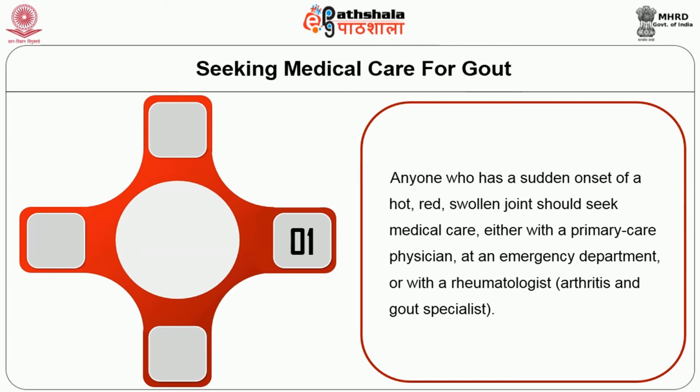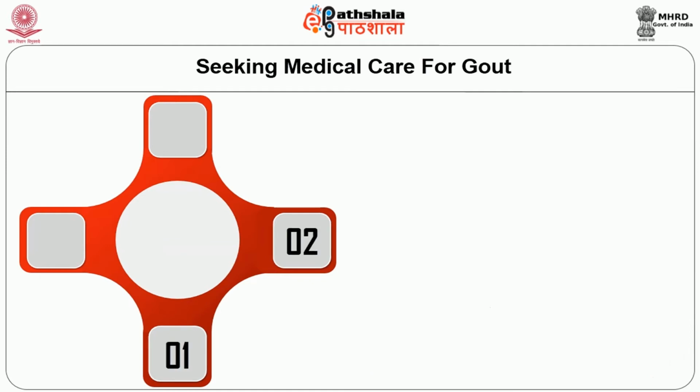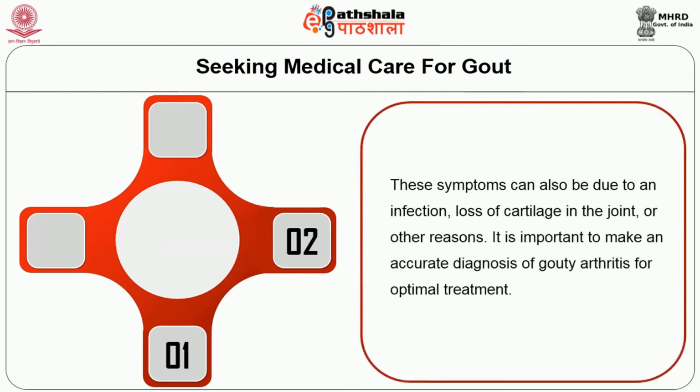These symptoms can also be due to infection, loss of cartilage in the joint, or some other reasons. It is important to make an accurate diagnosis of gouty arthritis for optimal treatment.